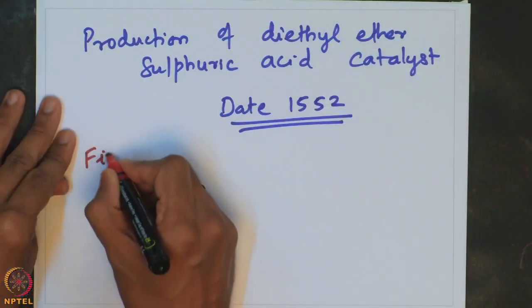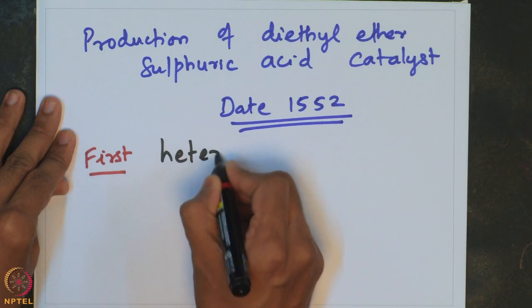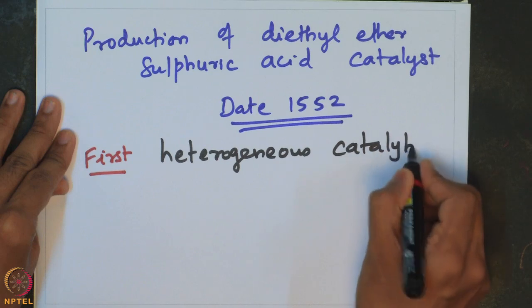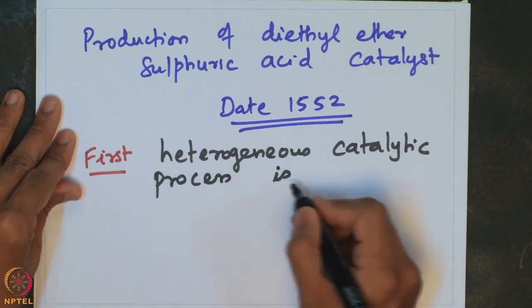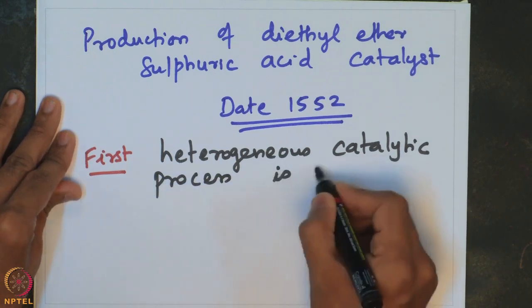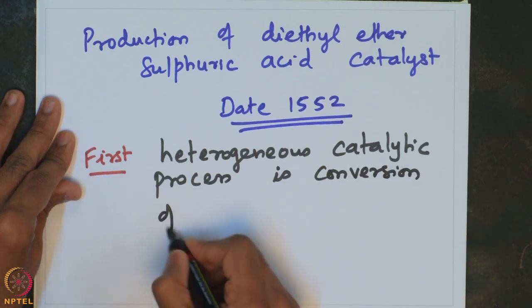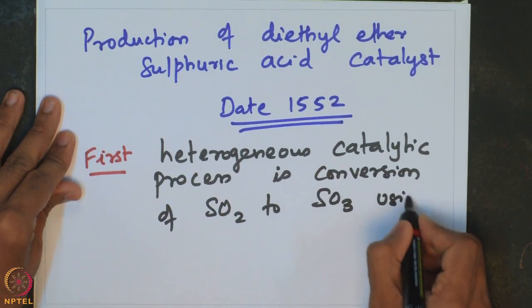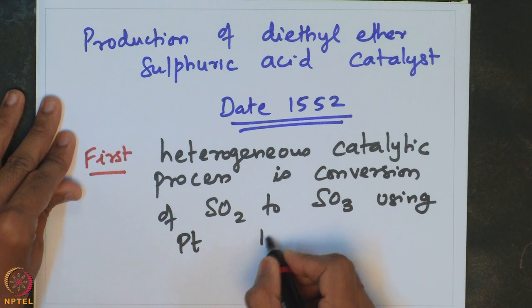The first heterogeneous catalytic process is the conversion of SO2 to SO3 using platinum as a catalyst, and in fact this dates back to 1875.